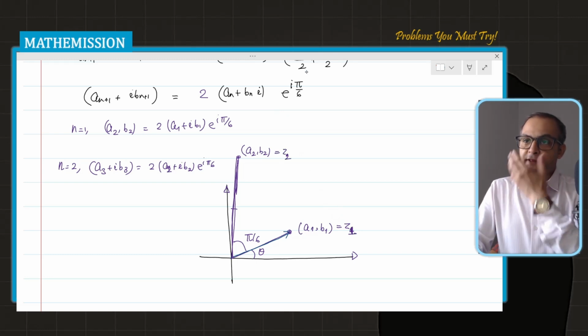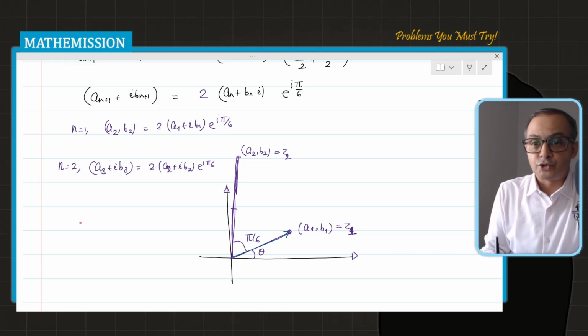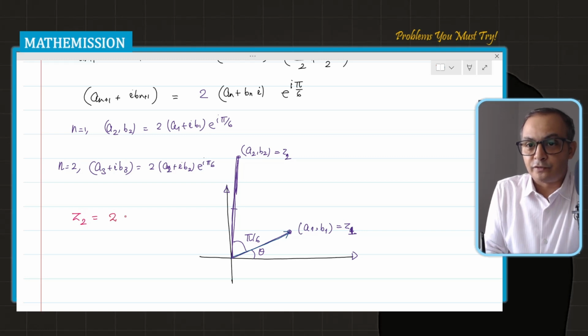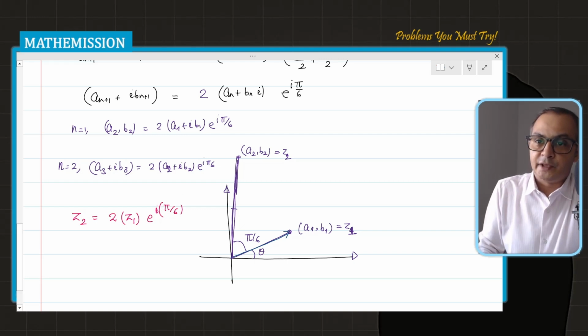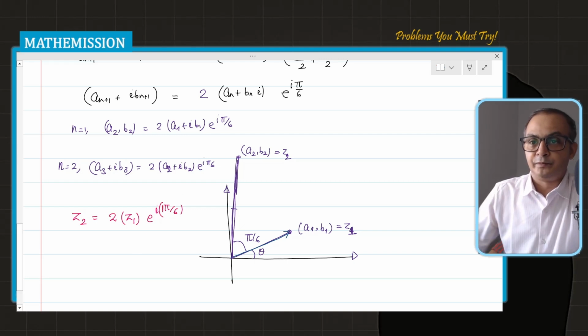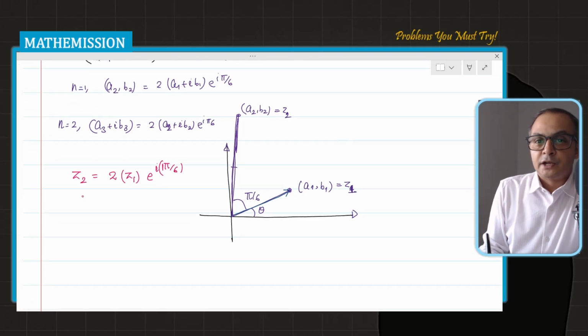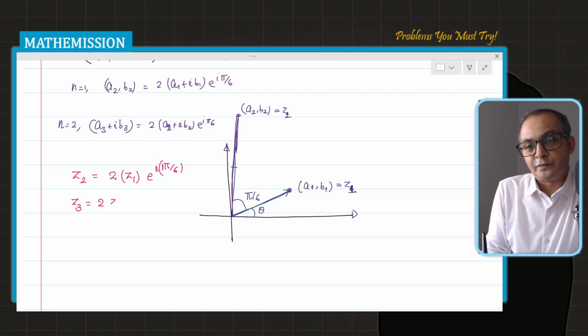So in order to find z2, we are taking twice of z1 and e to the power i pi by 6. Notice that there is a multiple 1 hidden here, this is 1 times pi by 6. In order to get z3, you are taking twice of z2 and e to the power i pi by 6.